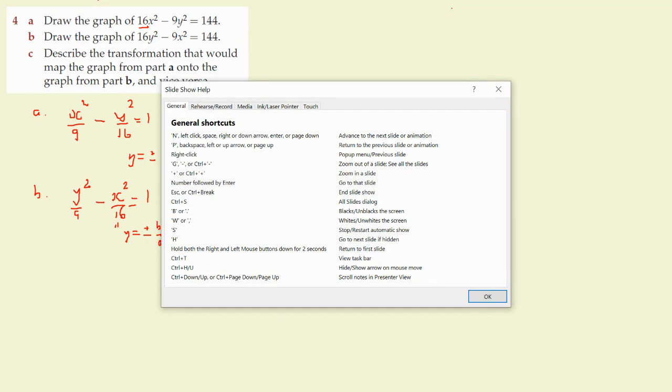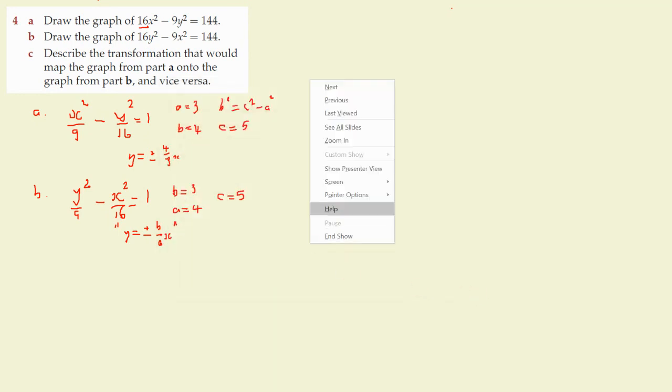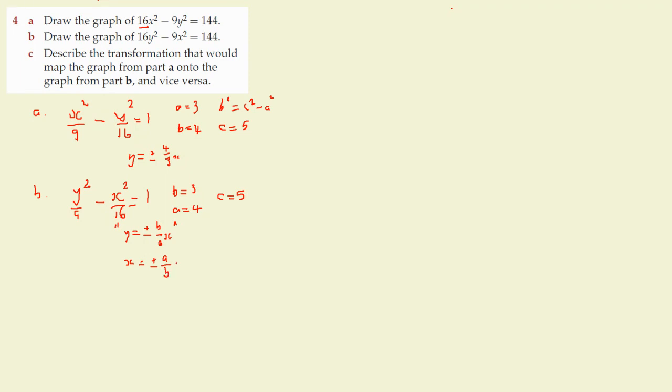However, probably most of you are happy about seeing this, and you've seen it yourselves already. If I swap the x and the y over, and the a and the b over in that equation, because that's what I've done, I end up with this. But if I was to rearrange that, I get back to y equals plus or minus b over a x.